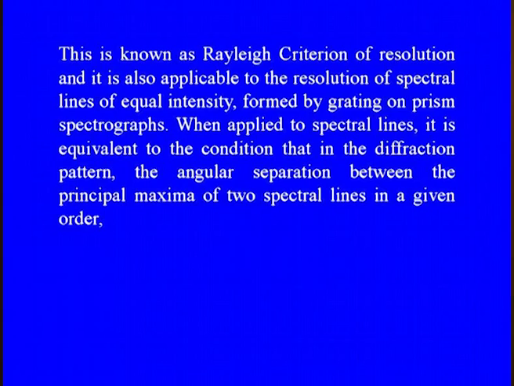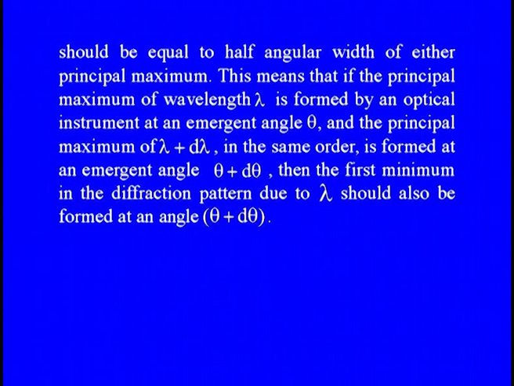When applied to spectral lines, it is equivalent to the condition that in the diffraction pattern, the angular separation between the principal maxima of two spectral lines in a given order should be equal to half the angular width of either principal maximum.